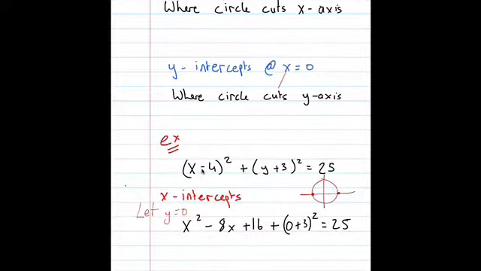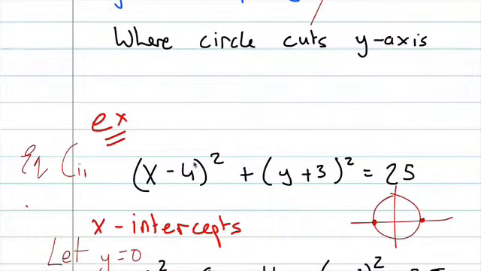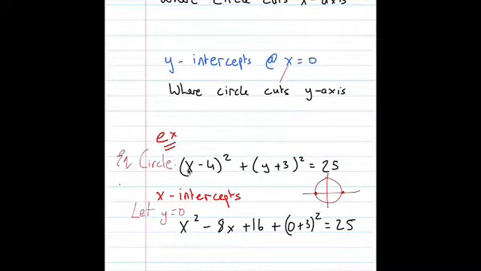So this is just an example I'm giving you to do. This is the equation of a circle. To find the x-intercept, what do I do? I let y equals 0. So anywhere I see y here, I sub in a 0.